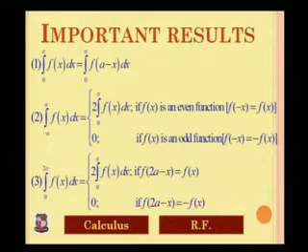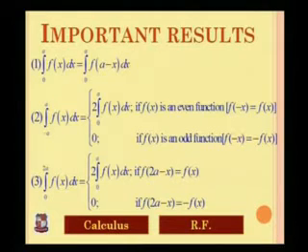In the second result, the integration from minus a to a of f(x) dx has value 2 times the integration from 0 to a of f(x) dx if f is an even function. Even function means f(minus x) equals f(x). And the integration from minus a to a of f(x) dx has value 0 if f(x) is an odd function, f(minus x) equal to minus f(x).